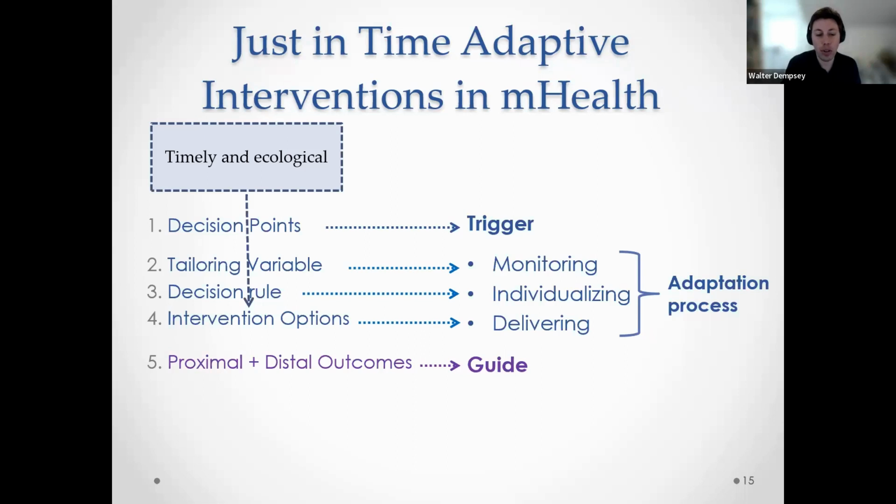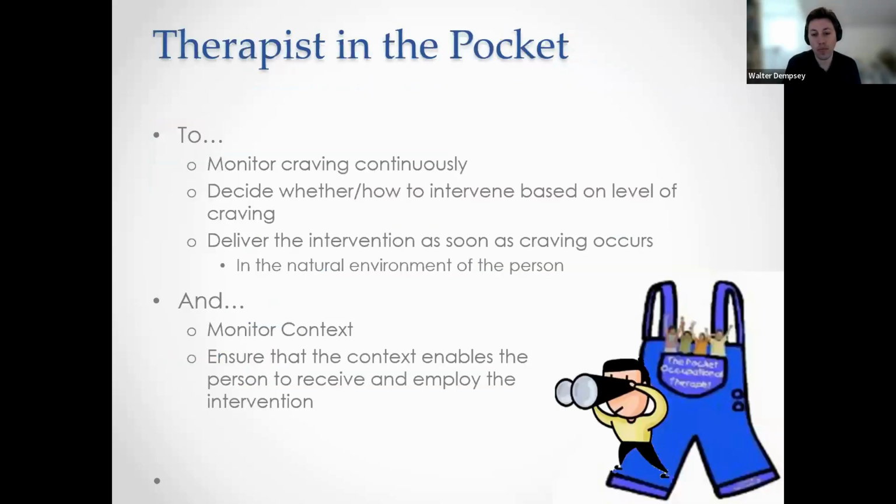It's just now we're thinking about tailoring variables and outcomes that are going to change more meaningfully on a rapid timescale, which means we can no longer rely on intervention options being deployed in the clinic or monitoring at the clinic level. We really do need to start deploying mobile health technologies.